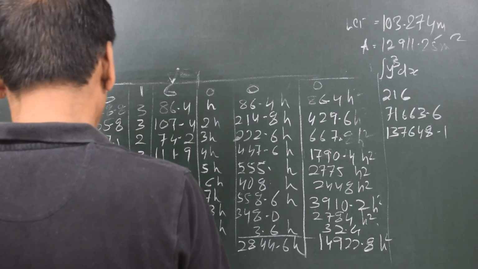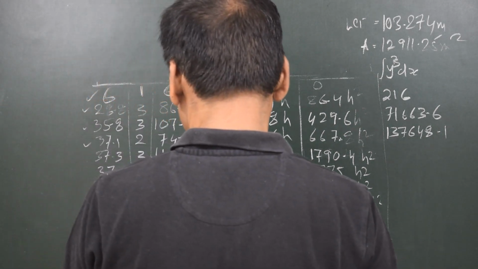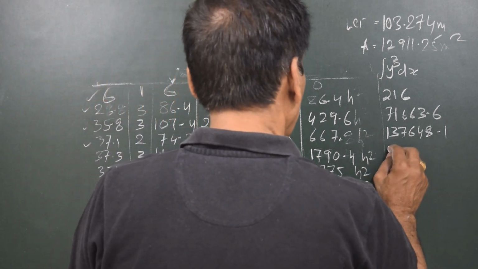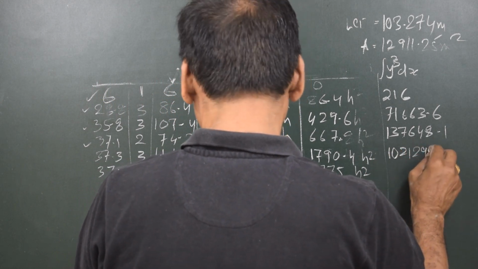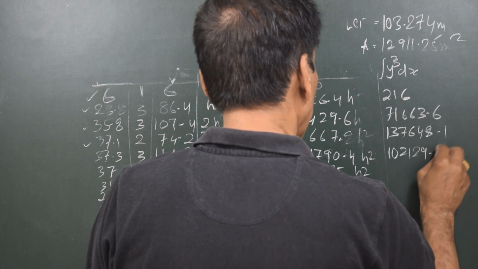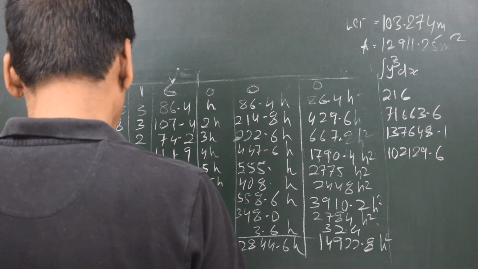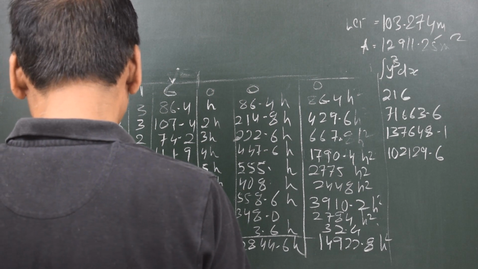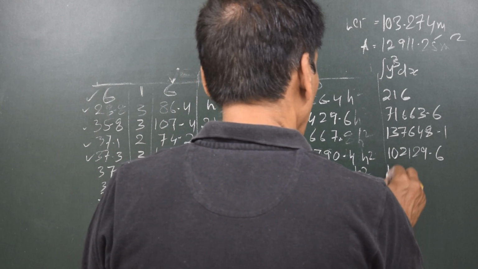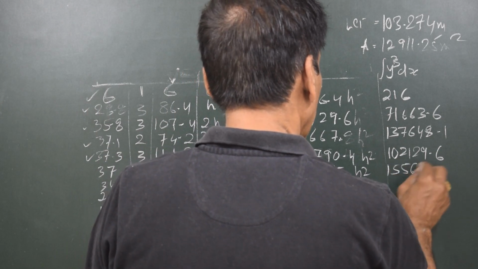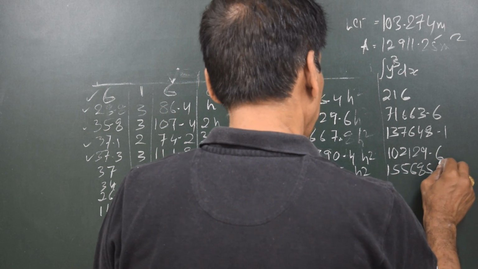Next gives me 102129.6. Next gives me 155685.3.